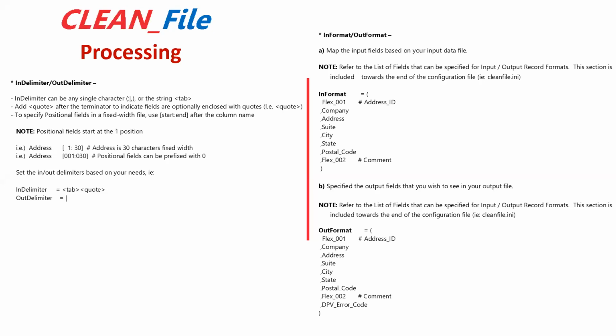And the file that goes in is a tab delimited file, and the file that goes out is a bar delimited file. So we cover pretty much all of the standard bases for what can happen as far as an in and an out file, with the exception of that positional fields section on the left-hand side, where we have a file that has addresses, with address 1 starting on field 20 or city starting on field 30.